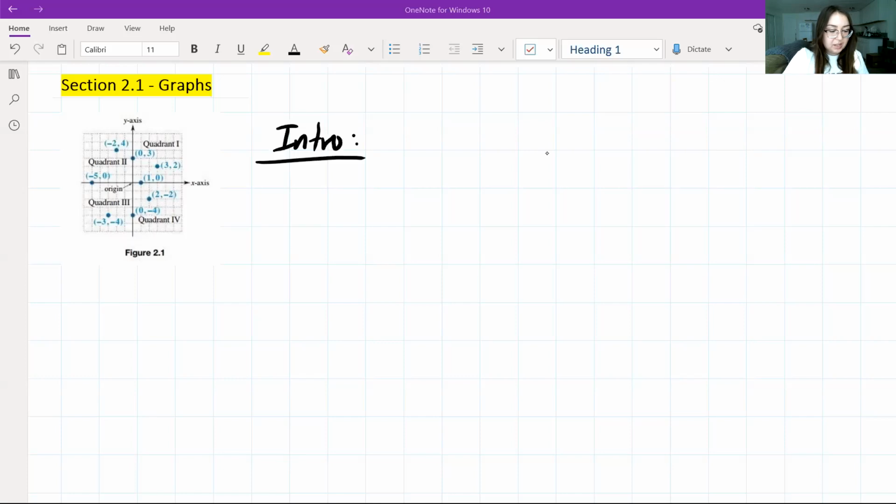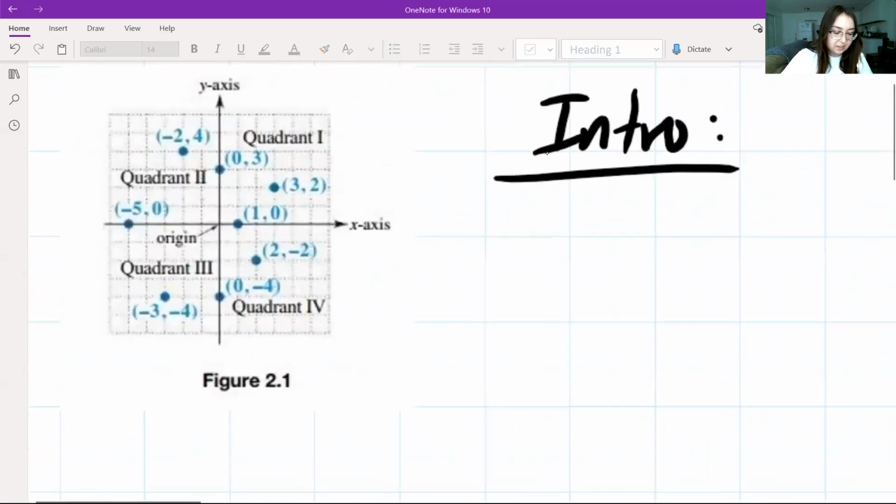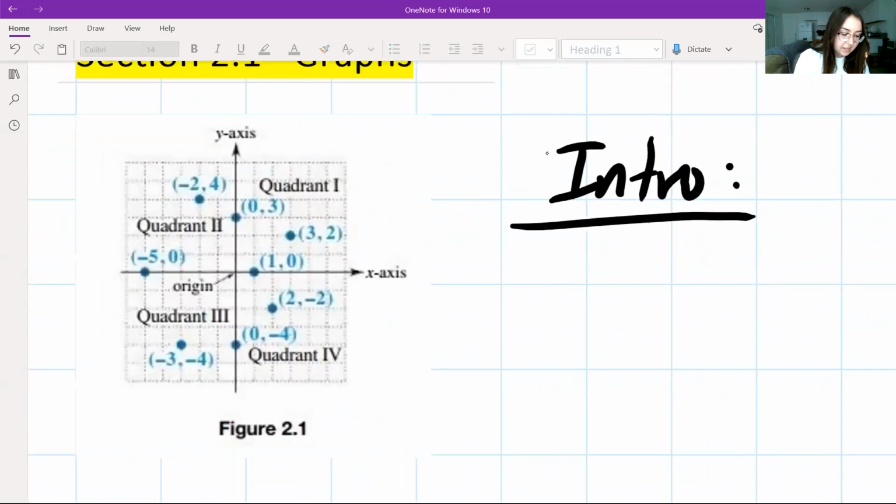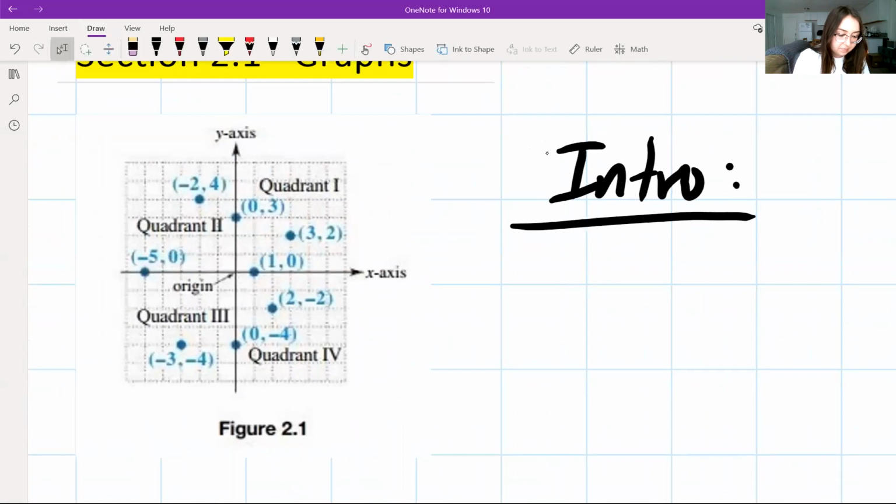The most important thing to look at here is that we have a horizontal axis, which is called the x-axis. So we're going to highlight it here. This x-axis here is the horizontal line.